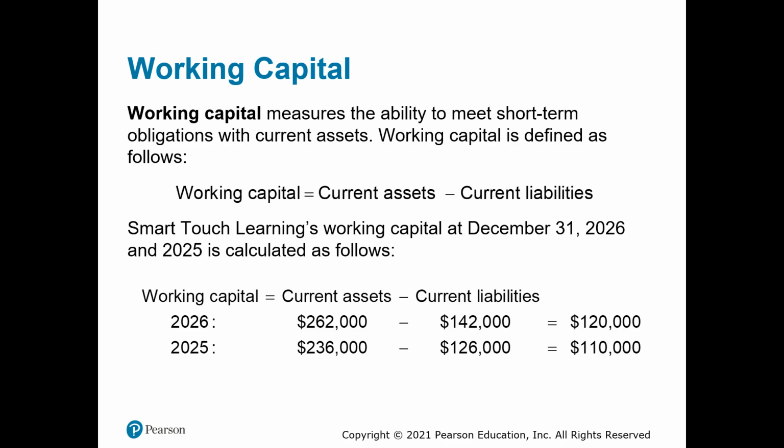So we can see right here from the numbers that Smart Touch has had, that we've been using so far in this PowerPoint, that last year their $236,000 of current assets was $110,000 greater than $126,000 of current liabilities. In 2026, this year, we see that we're up to $262,000 of current assets, which is $120,000 greater than our $142,000 of current liabilities.